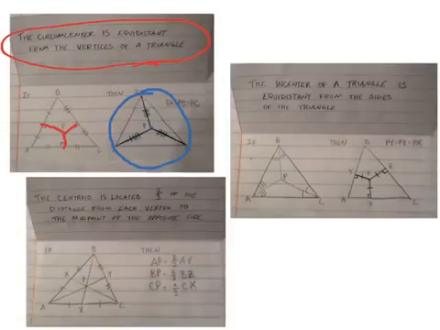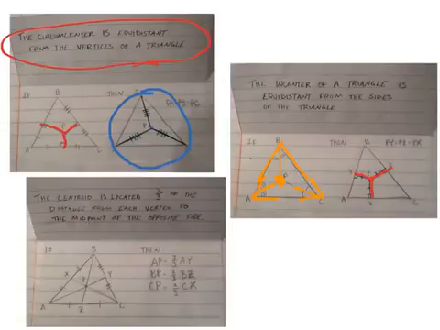The next triangle center is the incenter, which we found by bisecting the angles. So we find the angle bisector of all three angles, and they meet at what is considered the incenter. This incenter has the unique property that it is an equal distance to the edges of the triangle.